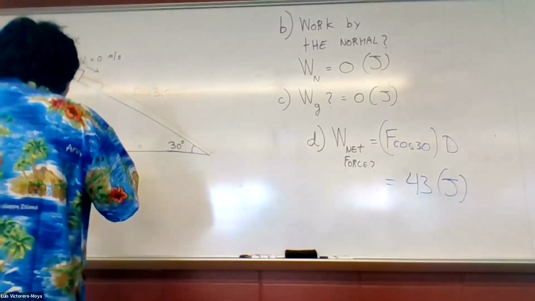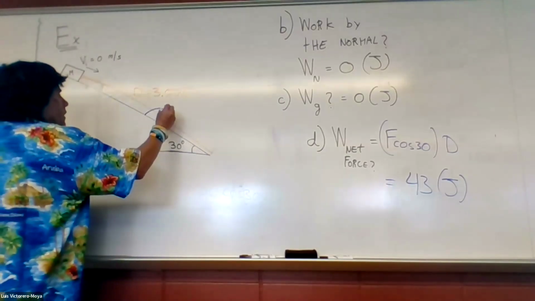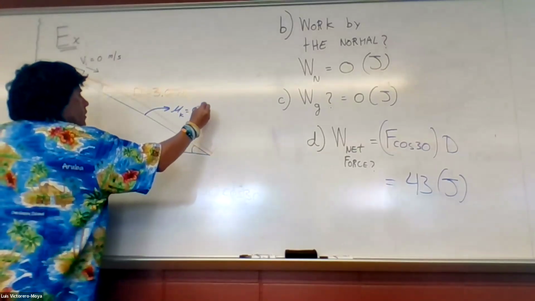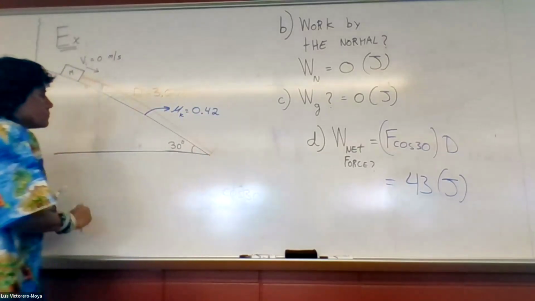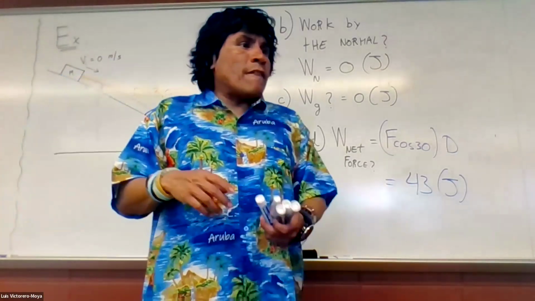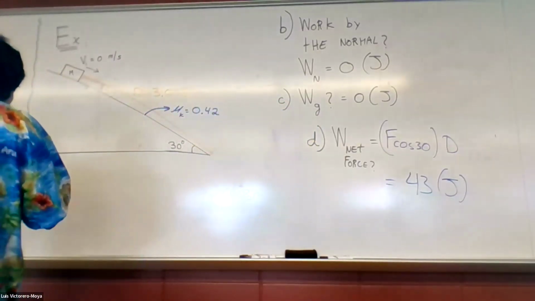And there is friction here, so the friction is due to a mu k of 0.42. And there are also a few questions. You're going to first find the work done by gravity. So let's start with that.